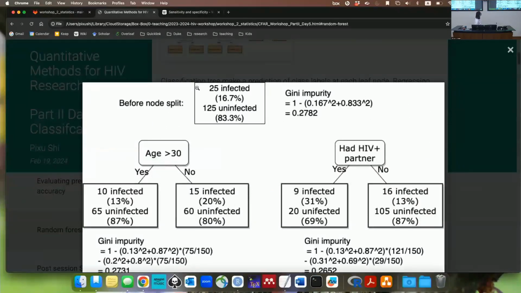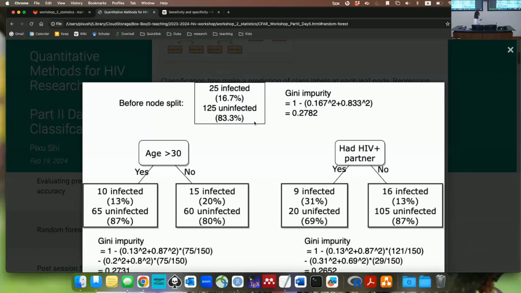Suppose that we start with this whole data set. There are 25 infected and 125 uninfected. And we're going to evaluate how impure this set of subjects is using the Gini impurity. It's calculated as 1 minus the summation of each proportion squared.